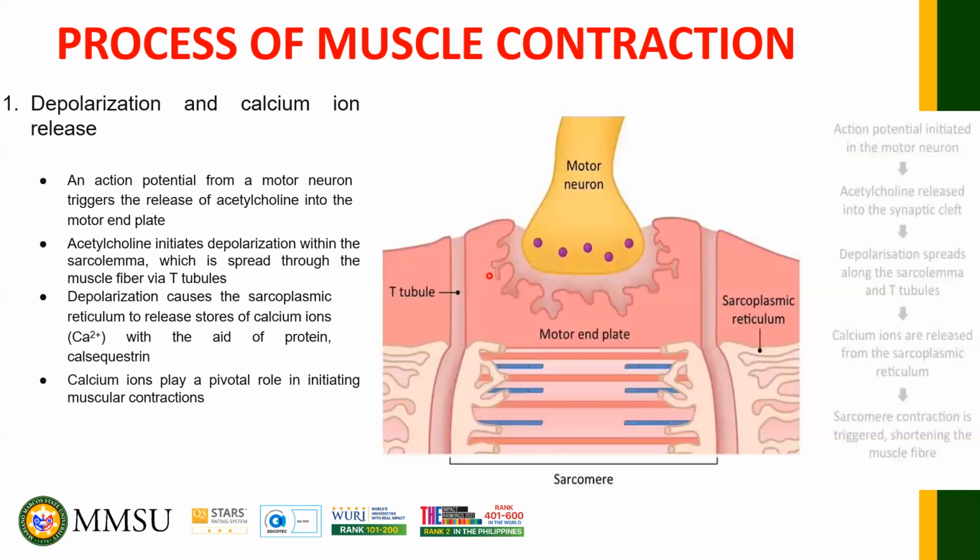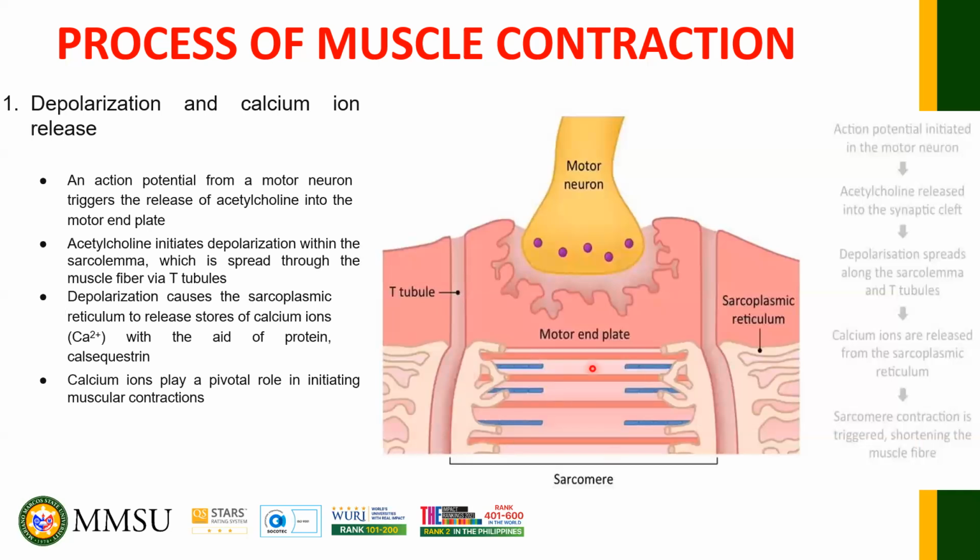So yung action potential that is generated in the central nervous system and somatic nervous system, it will travel along the motor neuron to the motor end plate, which is this region where the motor neuron will make a contact with the muscle fiber.